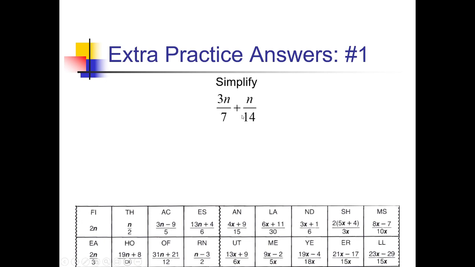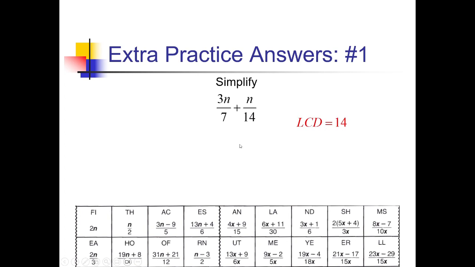So taking a look at my denominators, they're not the same, 7 and 14, so what's the smallest number that 7 and 14 both go into? As a basic strategy, I like to start with the larger number and then just keep taking multiples of that until I get something that's also divisible by the smaller number, or numbers. So 14 is already divisible by 7 and itself, so that means 14 is our least common denominator.